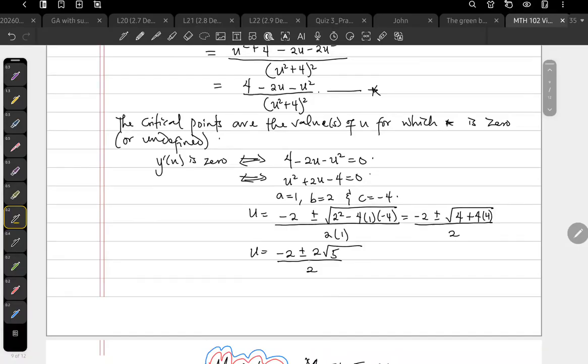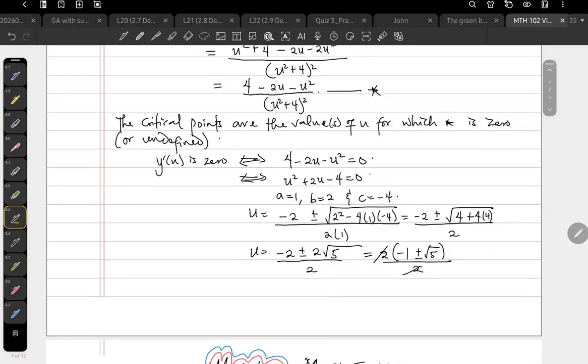Factoring out 2 as a whole, we have -1 plus or minus square root of 5, all over 2.